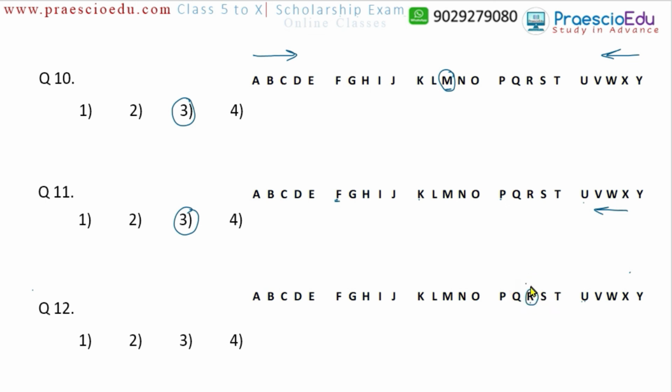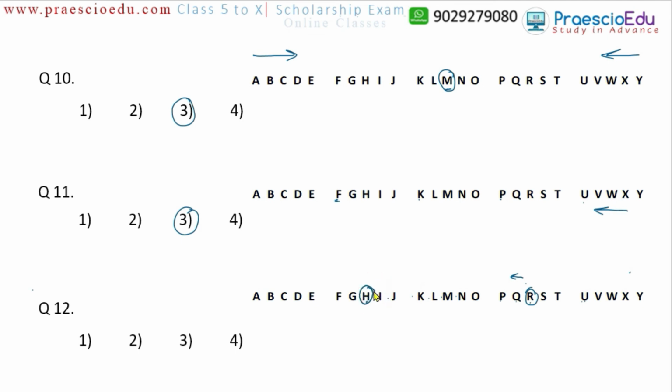From the right end of the alphabet the R comes, and then which is the 10th to the left side? To the left side means again toward the left side we have to go. From the right side we calculate the 8th place, and toward the left side 10th. So 1 2 3 4 5 6 7 8 9 10. So the 10th means this letter comes, the H letter comes.